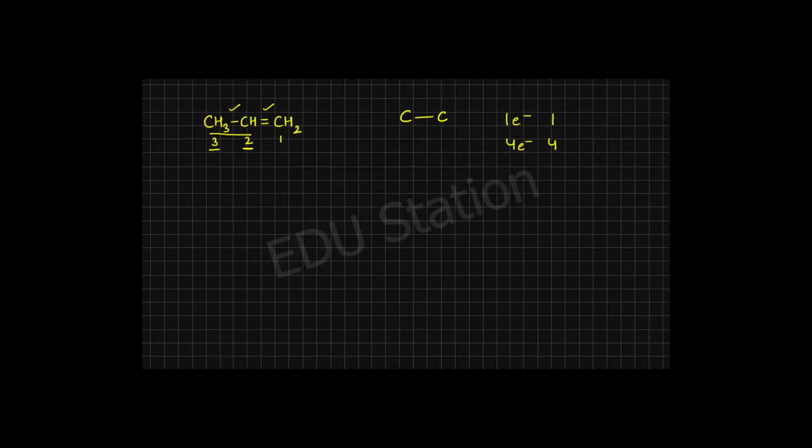Now, let us see what happens in this. So, you have propene, and between the first and second carbon you have a pi bond.